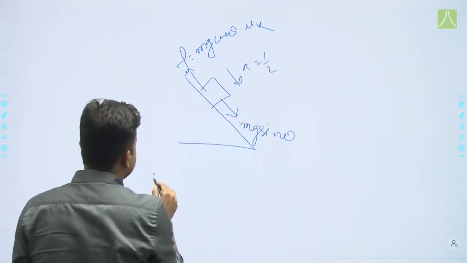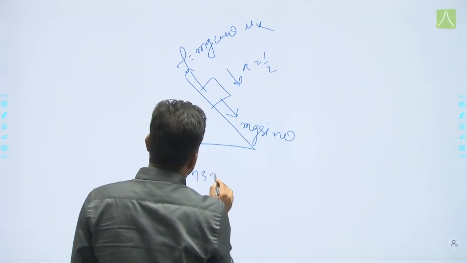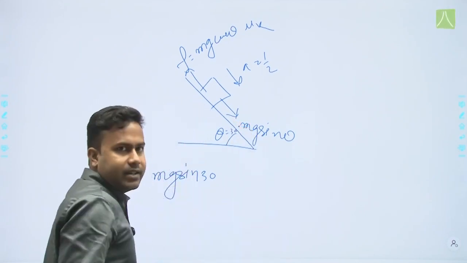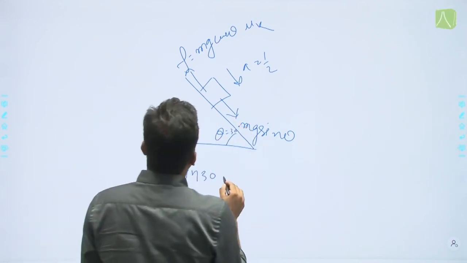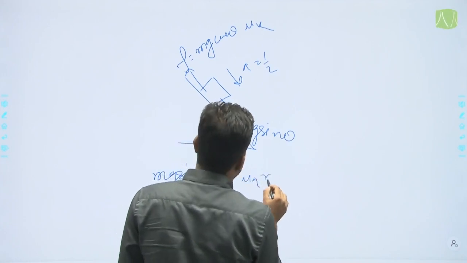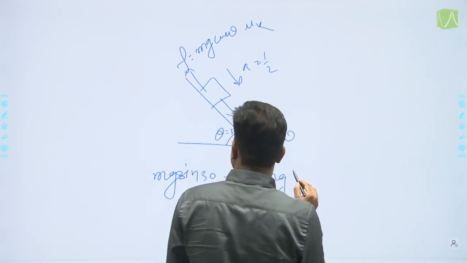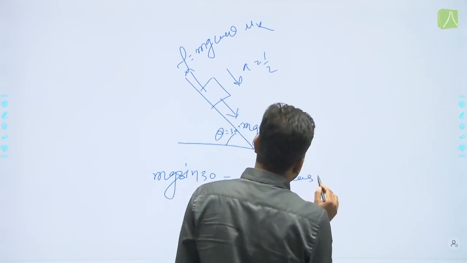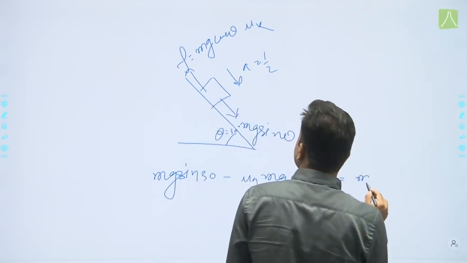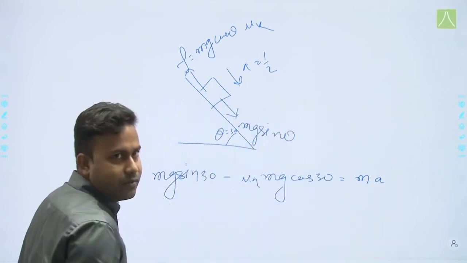Write down the equation here: mg sin 30 degrees, because theta is 30 degrees, at which it starts sliding with acceleration a, minus mu k mg cos 30, first I am writing cos 30, you can directly write the values also, equals m into acceleration, which we calculated as 1 by 2.